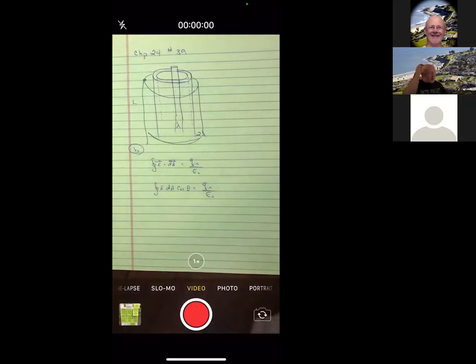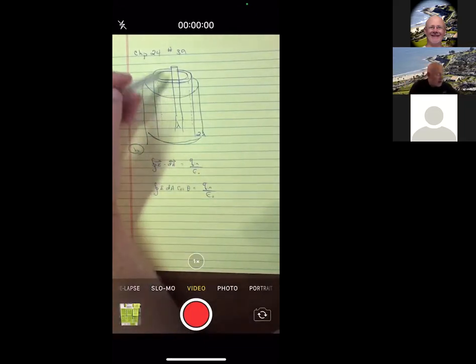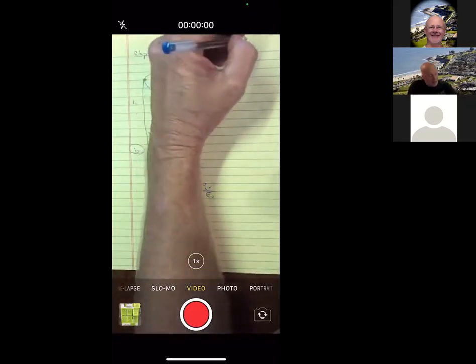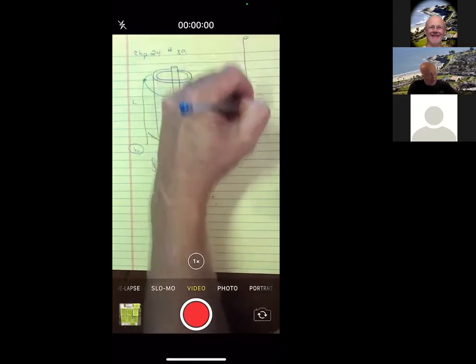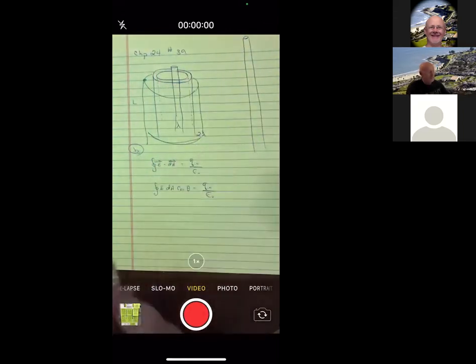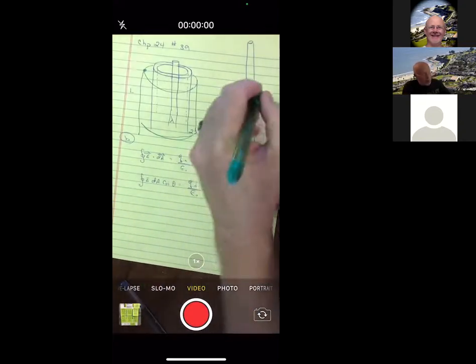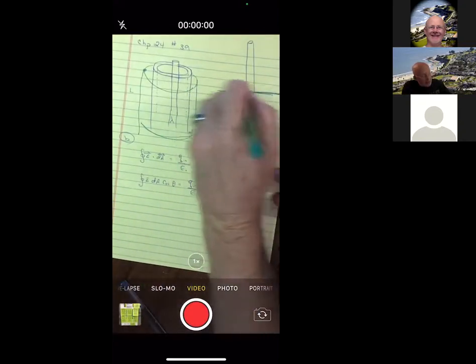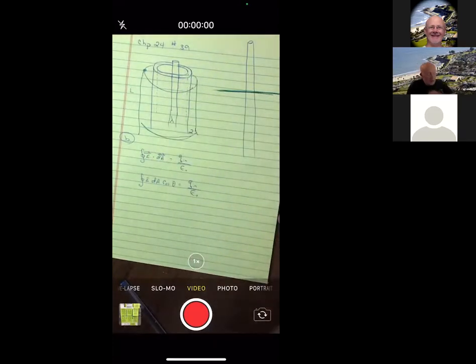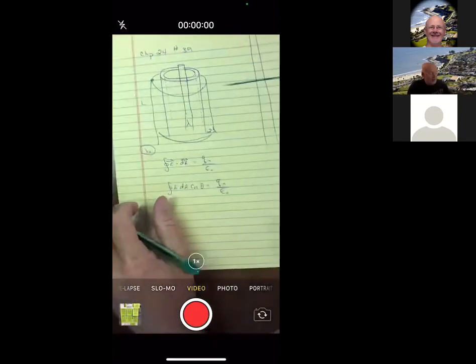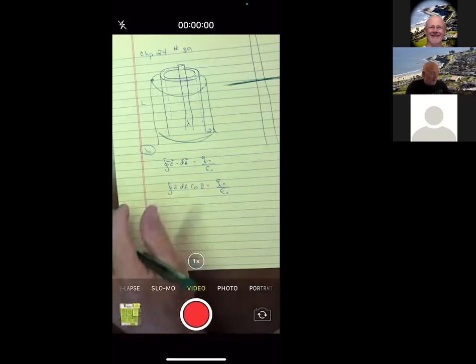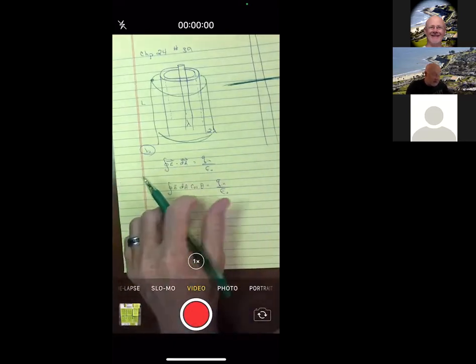And then when I do that, of course, my drawing doesn't really have a wire that looks very long, but maybe over here on the side, I'll put a real long wire. Well, without the cylinder, and then just draw a horizontal line, or a line perpendicular to the wire. Because is that a line of symmetry?